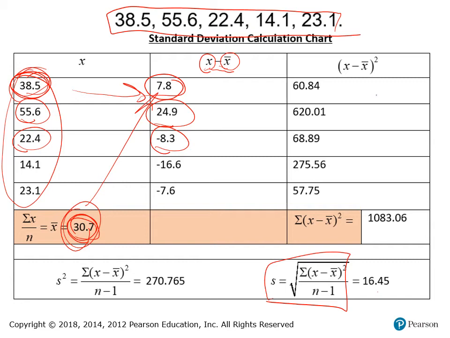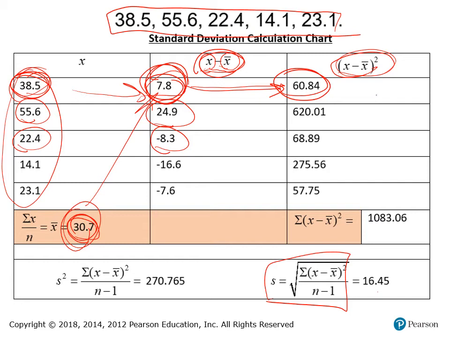Okay. Now to make this more efficient, look at the next column. The next column is x minus x bar squared. So if this is x minus x bar, and this one's x minus x bar squared, to get from here to here, I take this number, 7.8, I square it, and I get this number right here, 60.84.